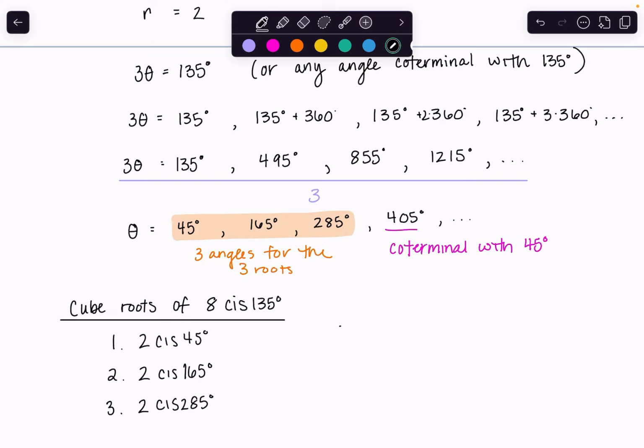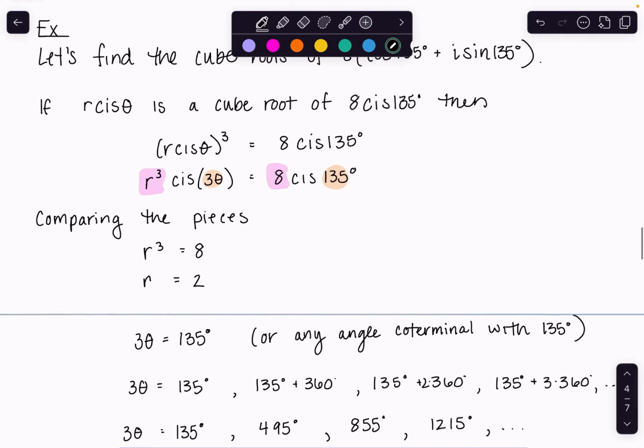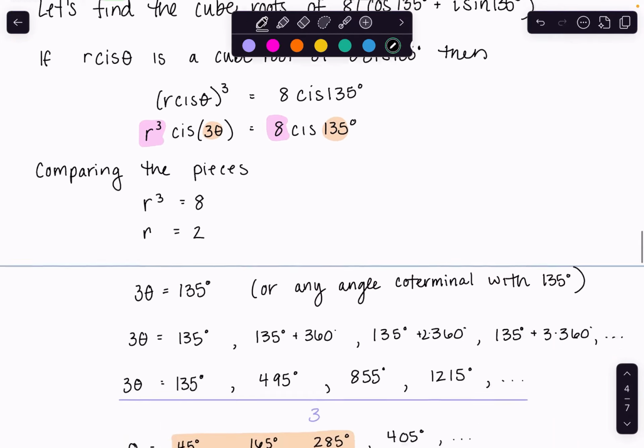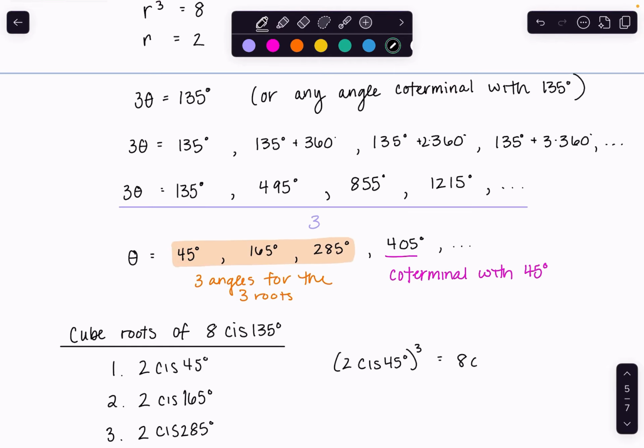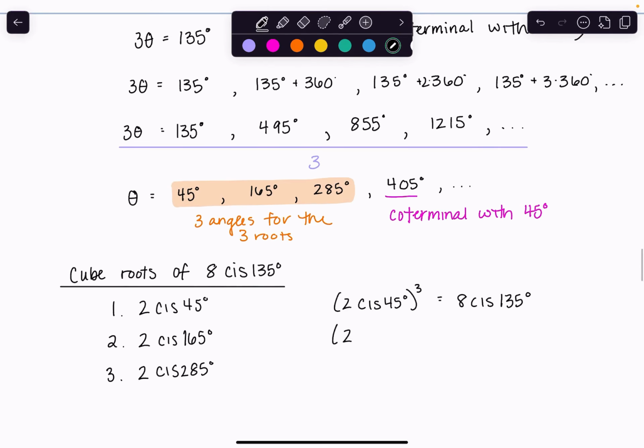So again, the way that you'd be able to check this is if you took 2 cis of 45 degrees and raised it to the third power, it better result in the exact same complex number as the one we started with, which is 8 cis 135. And then same thing here, if I took 2 cis 165 degrees and cubed it, it would result in exactly the same as 8 cis of 135.